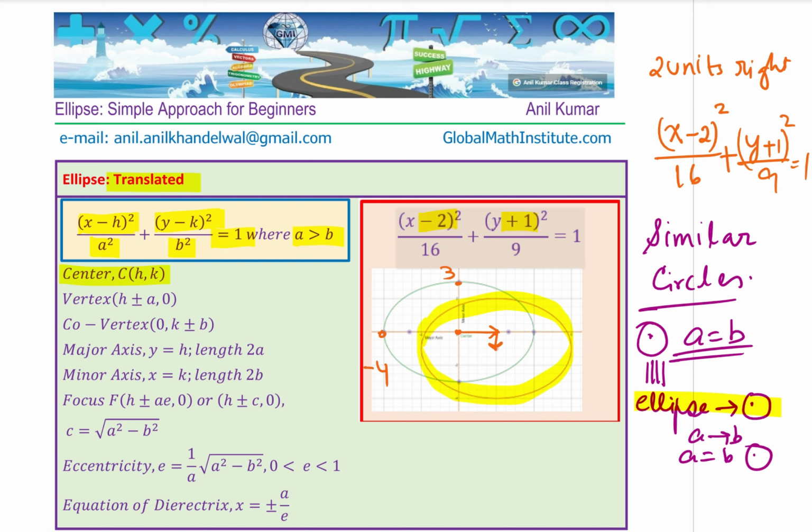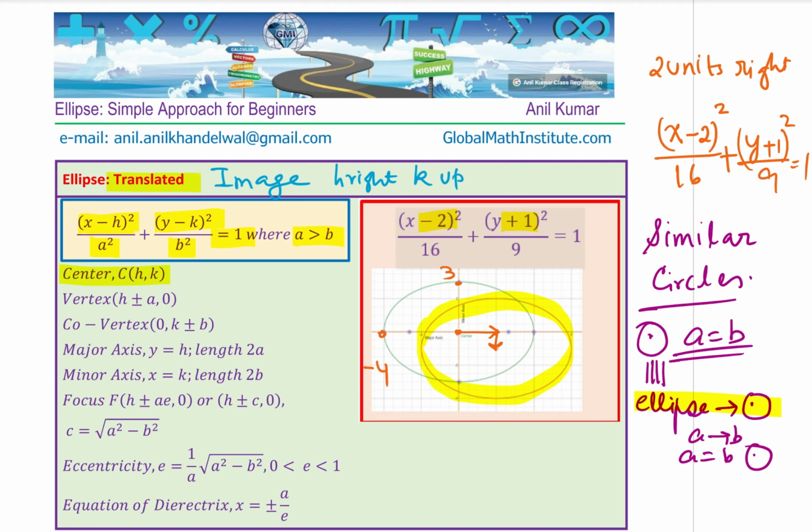Think like an image point now, right? So we have an image point with a translation. So the translation is h right and k up. With that translation, we get all the formulas.